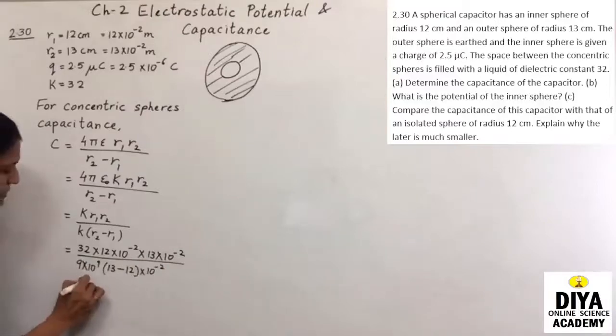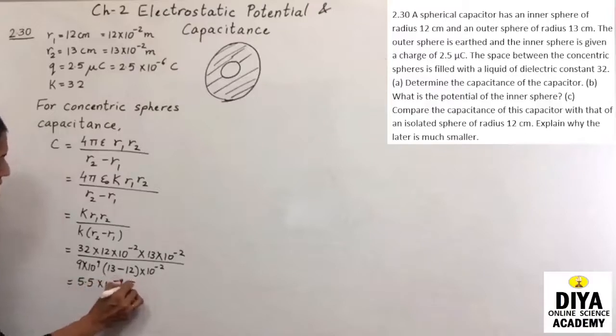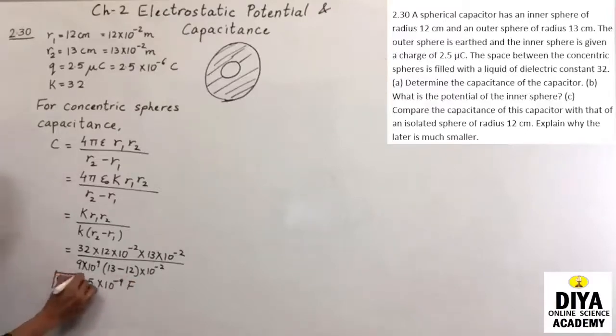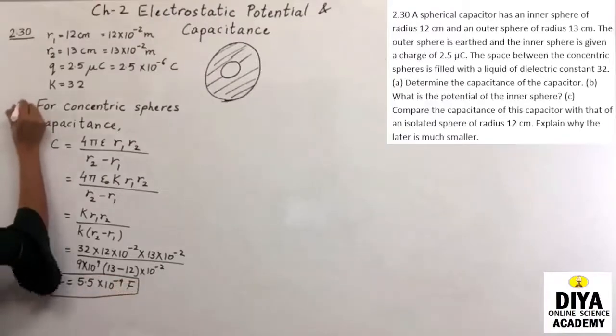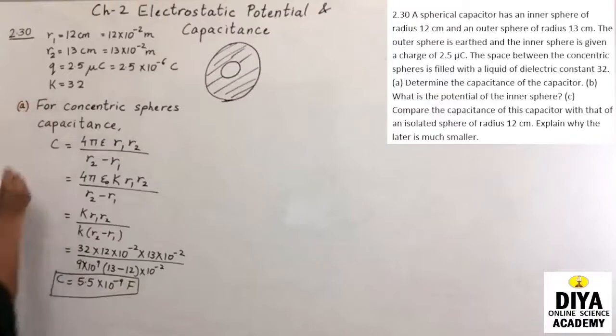So the answer will be 5.5 into 10 raised to minus 9 farad, or 5.5 nanofarad capacitance. So this is the answer for part A.